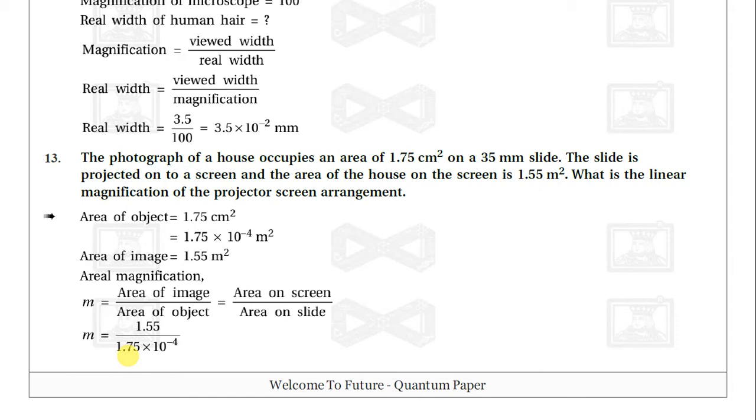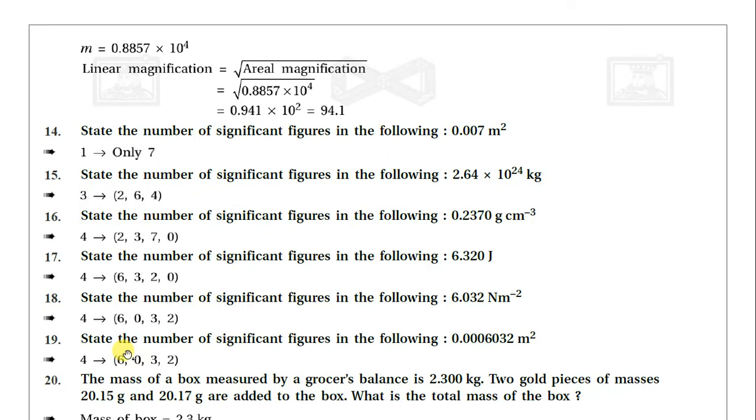So the area of image, the area on screen, is equal to 1.55 meter square, and the area on slide is equal to 1.75 into 10 raised to minus 4 meter square. So m is equal to 0.8857 into 10 raised to 4. The linear magnification is the square root of the areal magnification, where the areal magnification is equal to 0.8857 into 10 raised to 4. So we will get the value 0.941 into 10 raised to 2. Okay, this is our answer.